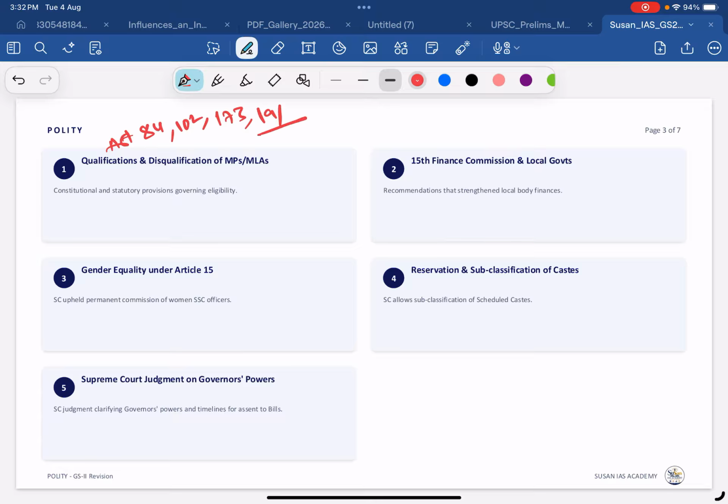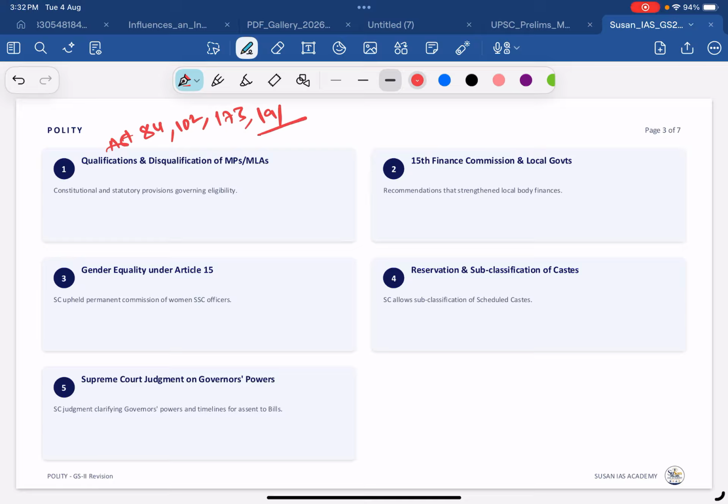Why are toppers getting 120 plus, 123, 127, 128, even 132 and 115 plus? They are quoting all these articles, Supreme Court judgments, reports, exact keywords and provisions of RPA and articles, everything they are writing. So that's why they are getting more marks compared to you.